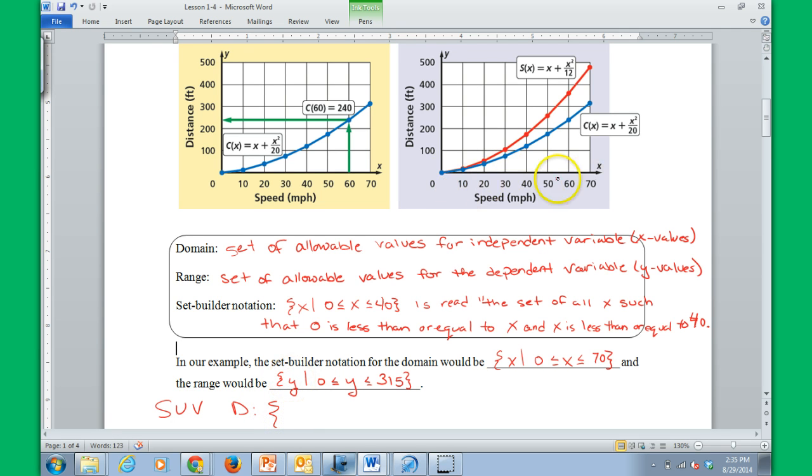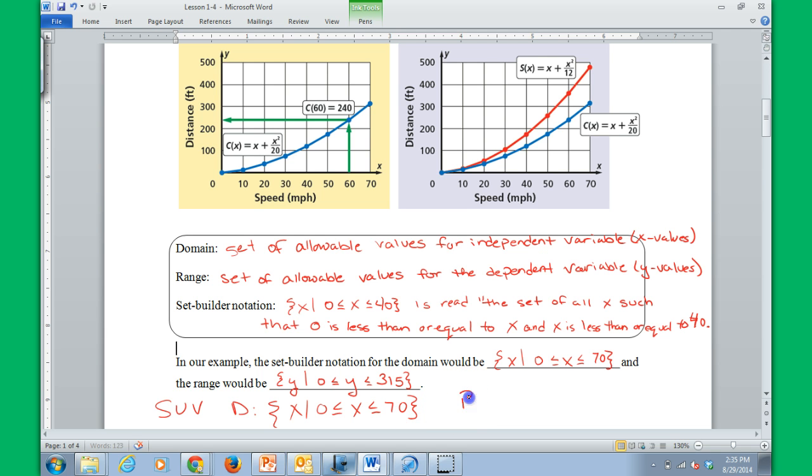Yeah, the possible x values. Has it changed any from this one? No, it's still got the same x values, right? So if I were to say domain, D for domain, x such that 0 less than or equal to x less than or equal to 70 again.